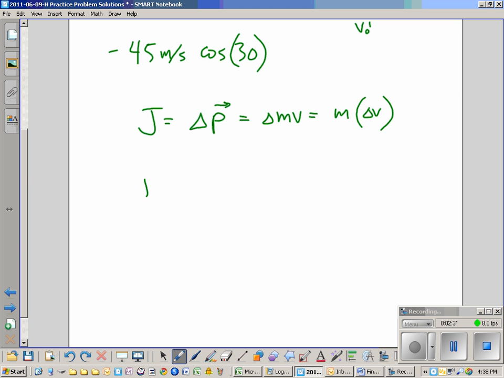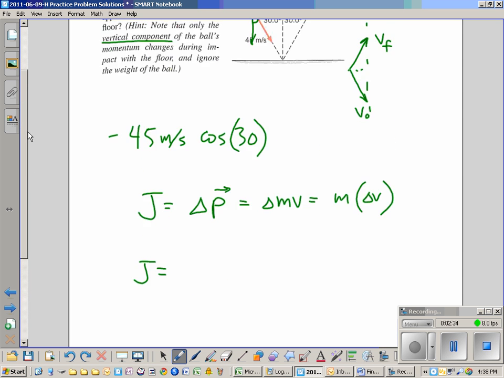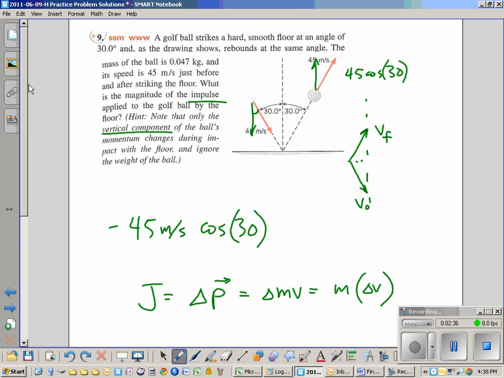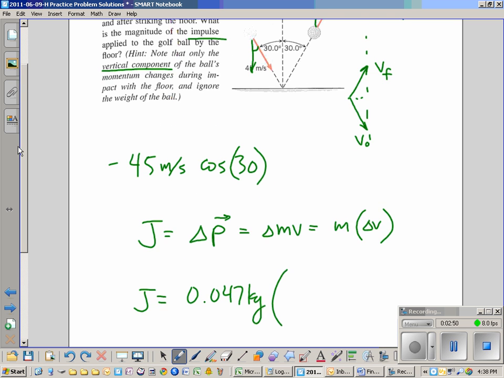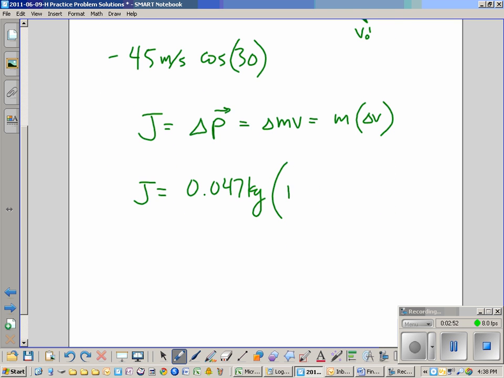So impulse is the mass of the ball, 0.047 kilograms, times delta v, the final velocity minus the initial velocity. The final velocity is positive 45 cosine 30 minus negative 45 cosine 30.